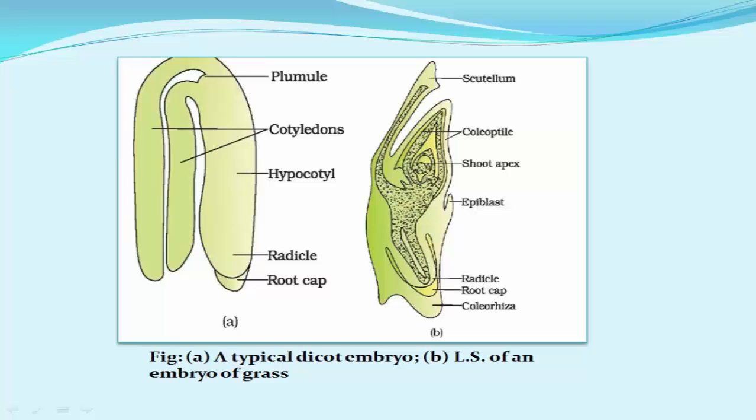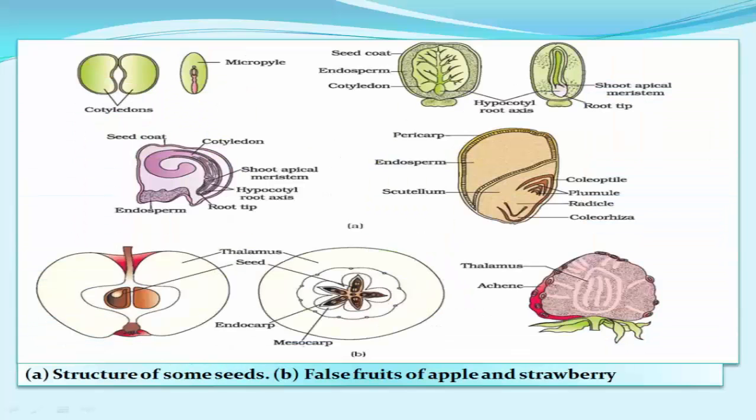The shoot apex is surrounded by a young undifferentiated group of leaves called the coleoptile. The disappearing cotyledon is called the epiblast. The radicle is covered by an undifferentiated structure called the coleorrhiza, along with the root cap. These are the specific structures. Scutellum, epiblast and coleorrhiza are observed only in the monocot embryo.